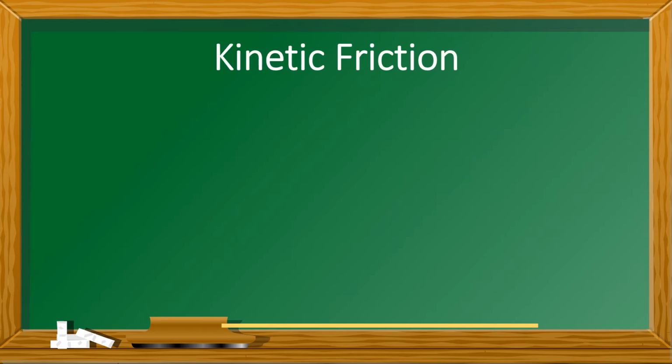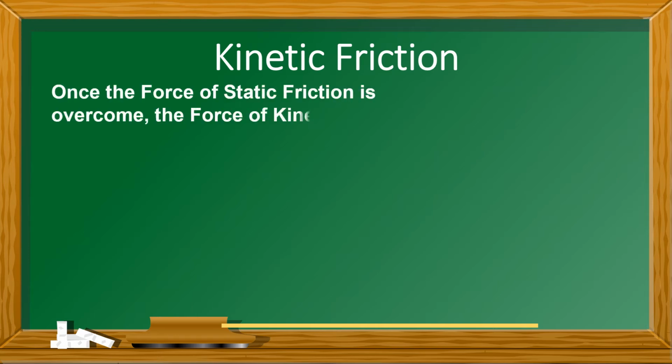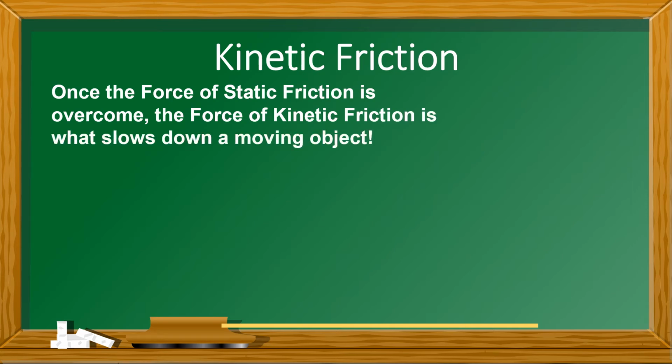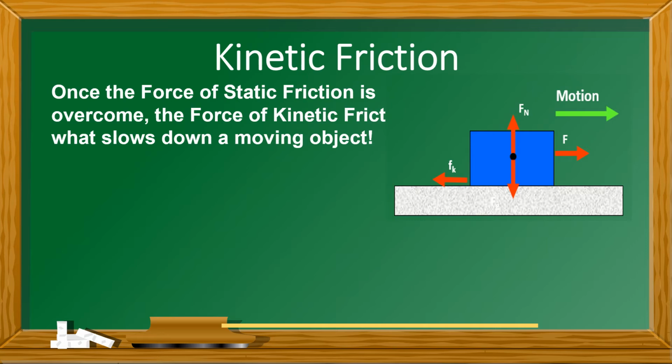Now, how about kinetic friction? Once the two surfaces begin to slide over one another, static friction is replaced by kinetic friction. Once the force of static friction is overcome, the force of kinetic friction is what slows down a moving object.